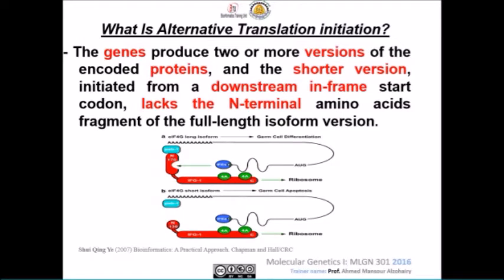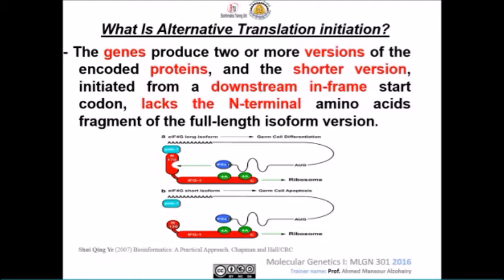So what is alternative translation initiation? The gene produces 2 or more versions of the encoded protein, and the shorter version initiates from a downstream in-frame start codon and lacks the N-terminal. It's always like an N-terminal amino acid fragment missing from the full-length isoform version. So always we can see that the smaller version lacks the N-terminal of the full-length isoform. This means that the same messenger RNA can produce many isoforms of the same protein.